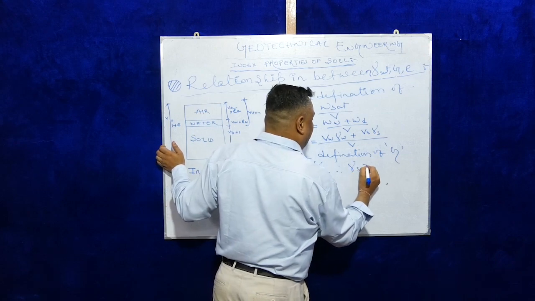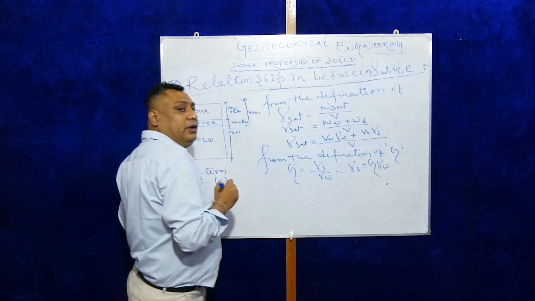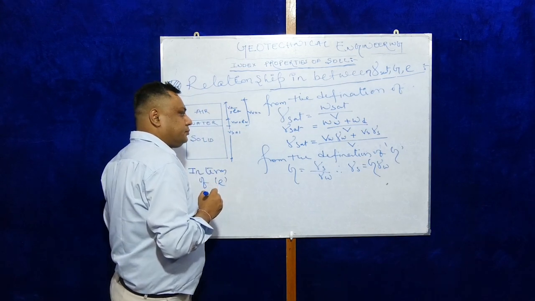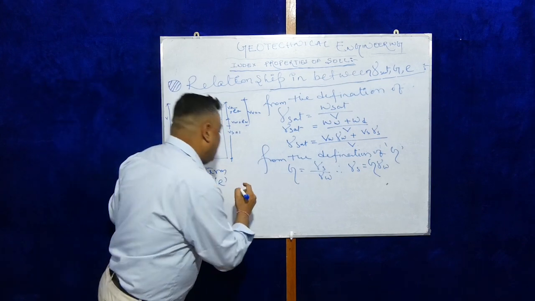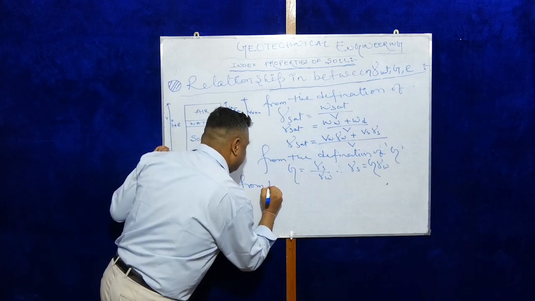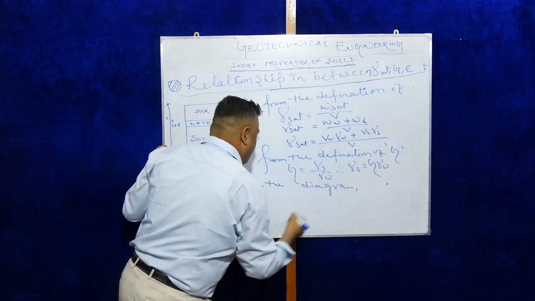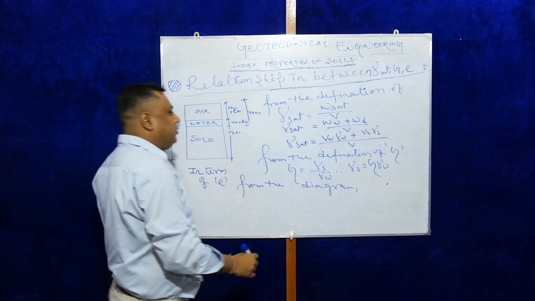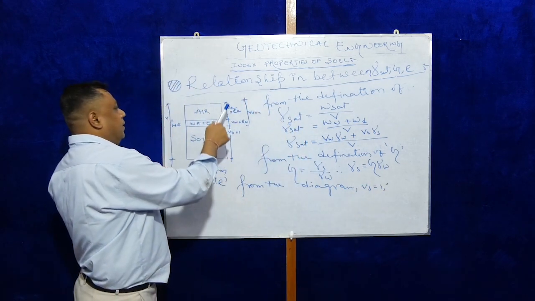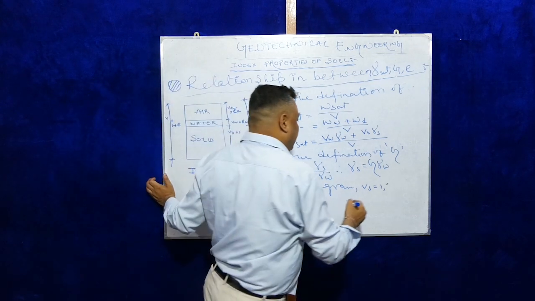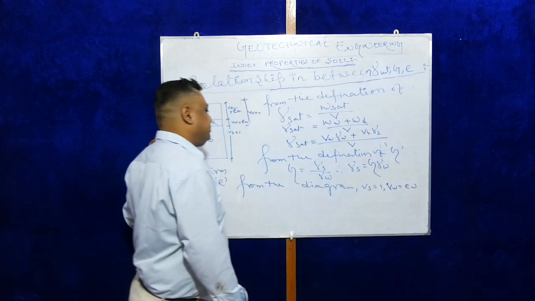Therefore, unit weight of soil solids is equal to specific gravity into unit weight of water. Right? Next, from the diagram we get Vs is equal to 1. Vw is equal to e.